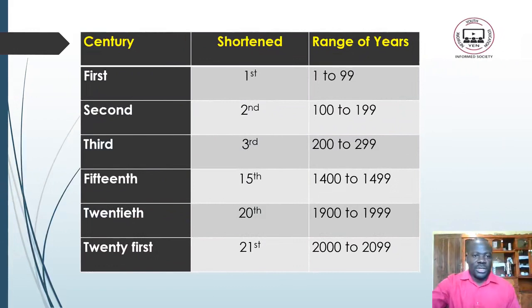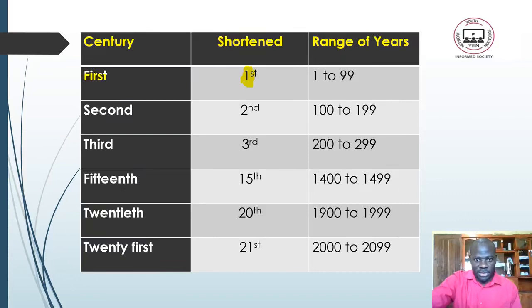A decade, a century, a millennium, which is 1,000 years. Now let's look at the century, because we say that this time around we are living in a century. So what is this? From the first year, year 1, it is shortened to 1 with ST superscripted, that is the first century.